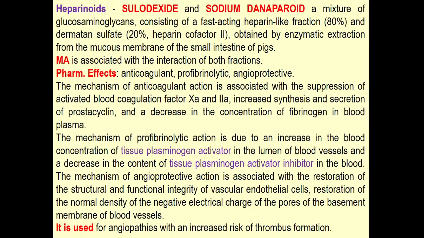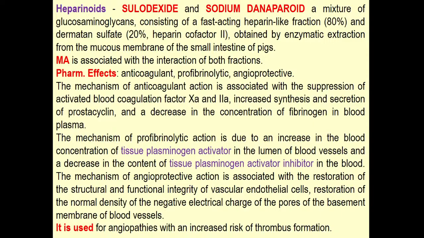The mechanism of profibrinolytic action is due to an increase in the blood concentration of tissue plasminogen activator in the lumen of blood vessels and the decrease in the content of tissue plasminogen activator inhibitor in the blood.